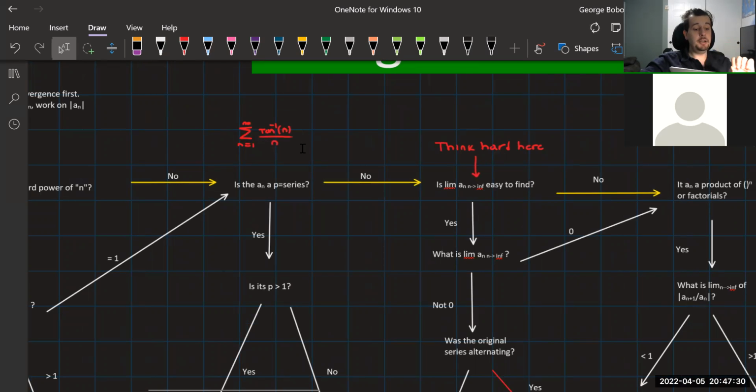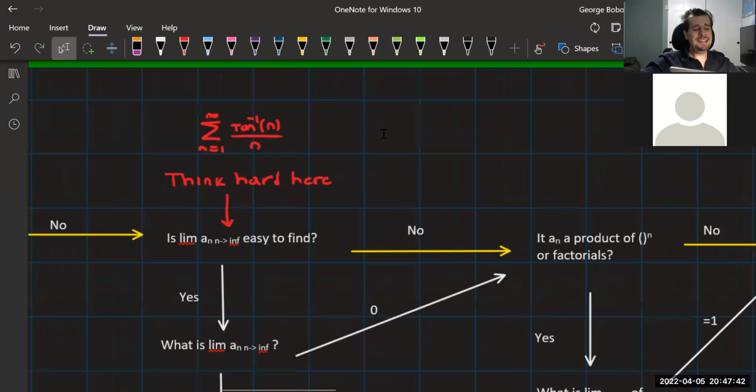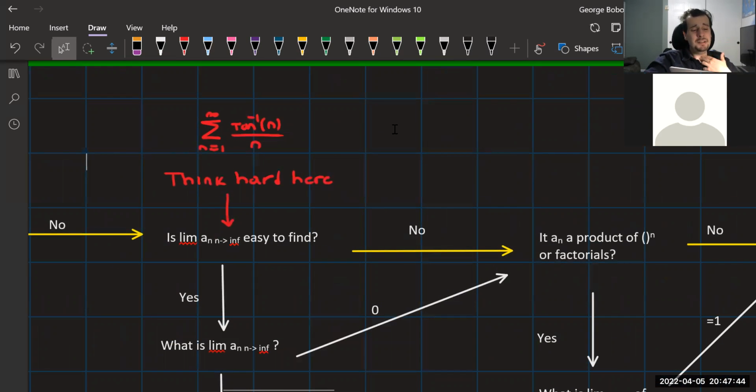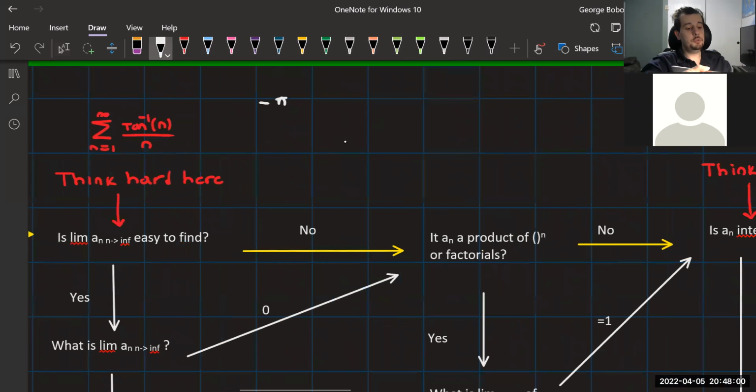You see the 1 over n, but that already tells you it's not a P series immediately. Is the limit easy to find? Kind of. Tan inverse again is bound between negative pi over 2, the range again that it can give, and pi over 2. So you can use the squeeze theorem again here. Negative pi, I'm just going to show you for curiosity's sake.